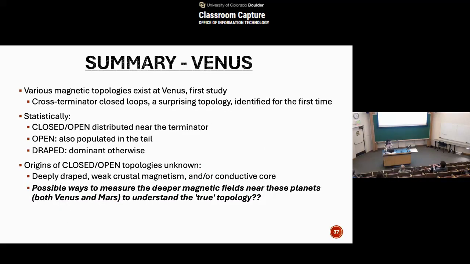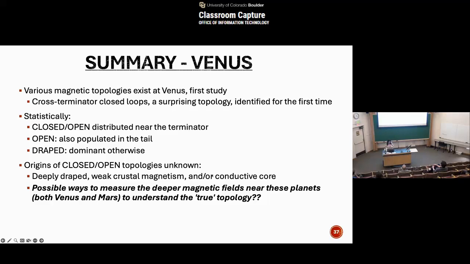All right, to summarize the Venus part, sorry, I'm reading while I'm talking. From the case study, we first discovered cross-terminator closed loops at Venus, a very surprising topology at Venus. It tells you the Venus magnetosphere is not just simply induced, at least not as simple as we previously thought.